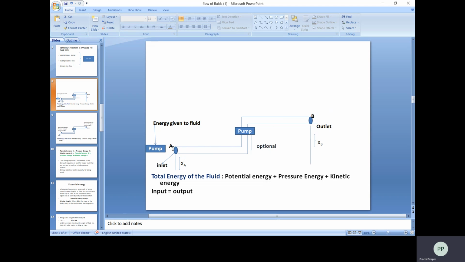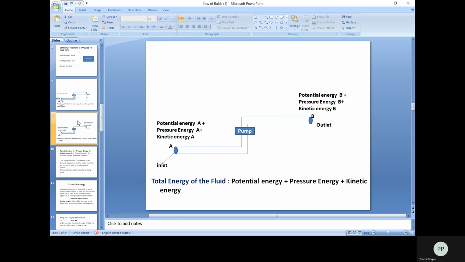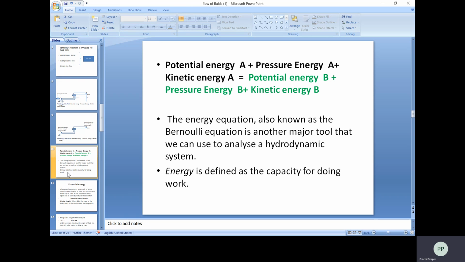The total energy at A is potential energy plus pressure energy plus kinetic energy. The same thing has been written over here. The energy at B is potential energy at B, pressure energy at B plus kinetic energy at B. The same thing is written over here.